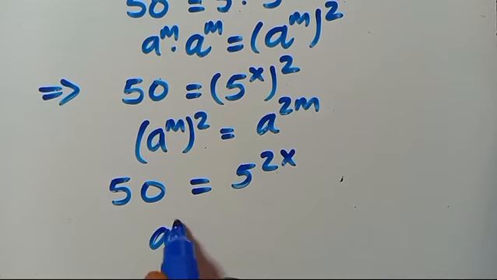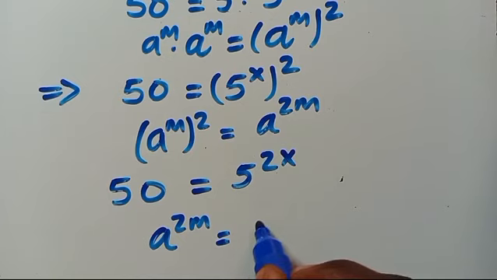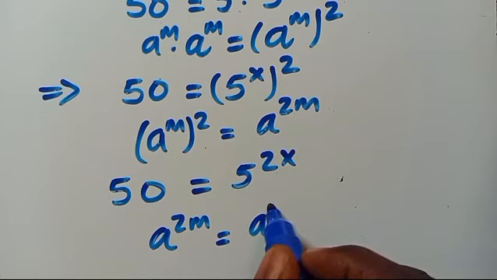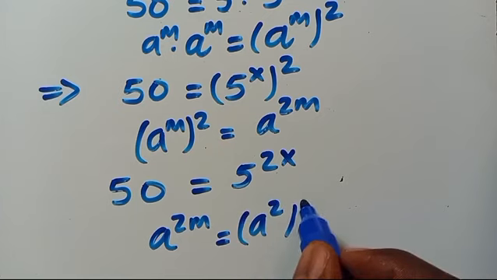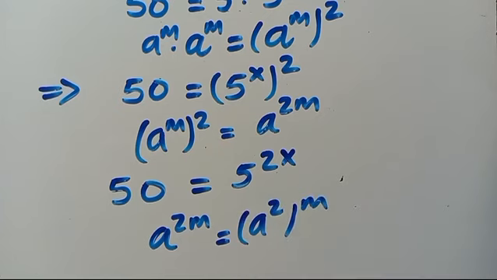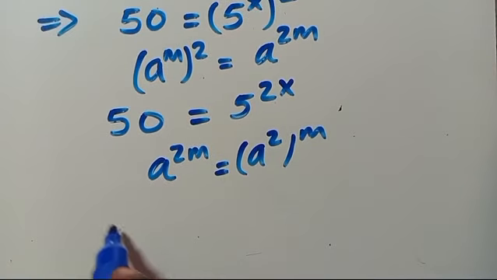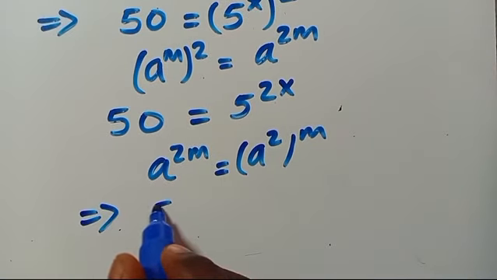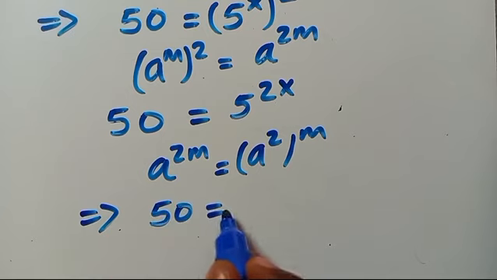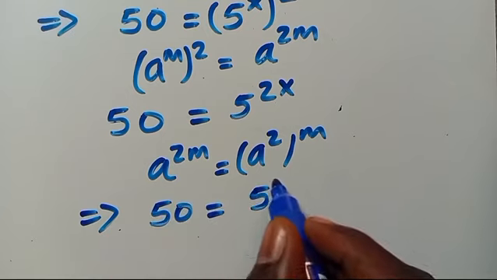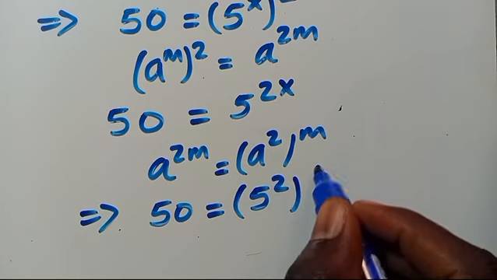Then when you have a to the power of 2m, you can also simplify this as a to the power of 2 in parentheses to the power of m. So we have this as 50 equals 5 to the power of 2 in parentheses to the power of x.